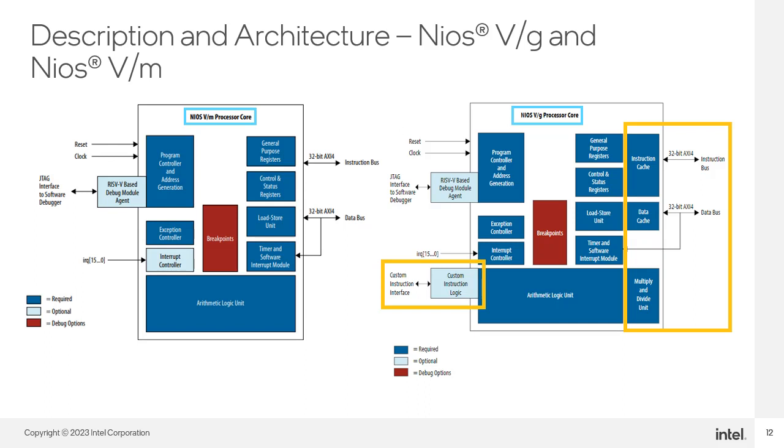The Nios V-M processor core, which is a microcontroller, has the architecture shown on the left: program controller and address generation, exception controller, ALU, general-purpose registers, control and status registers, as well as a load and store unit, a timer and software interrupt module. Notice in red the debug options.